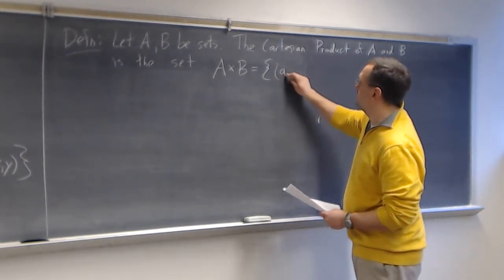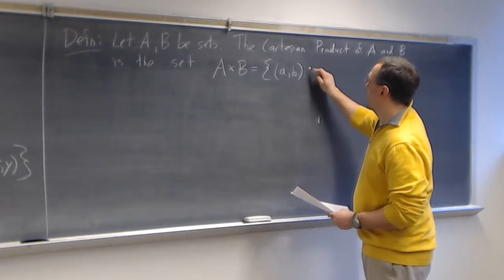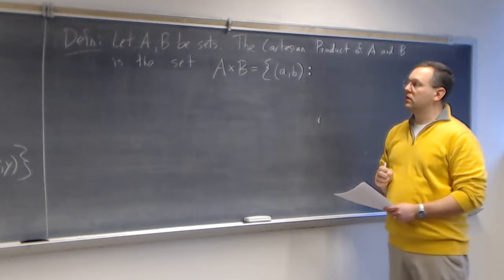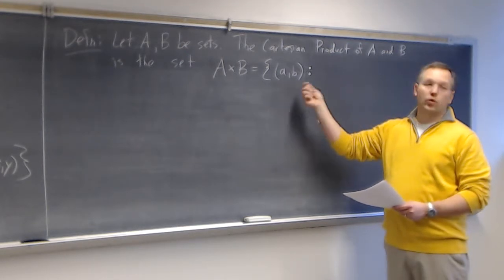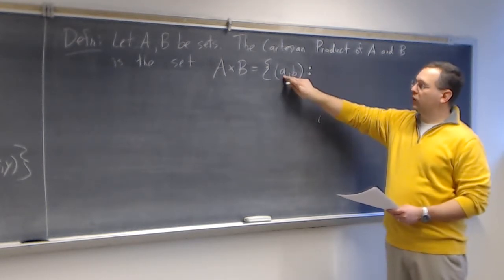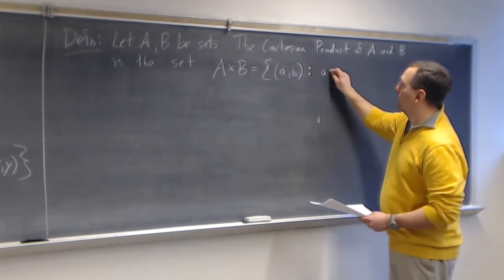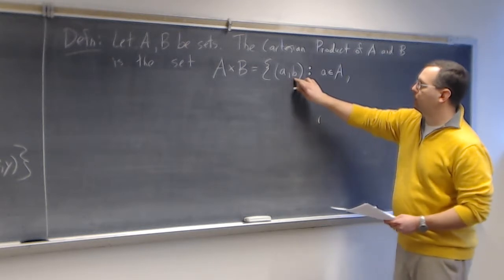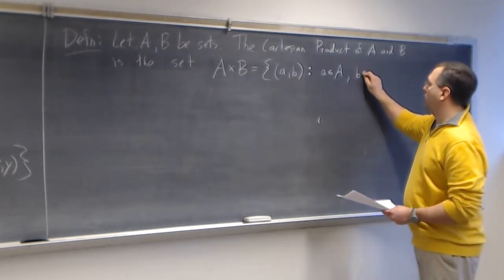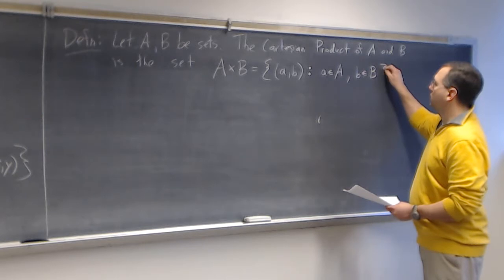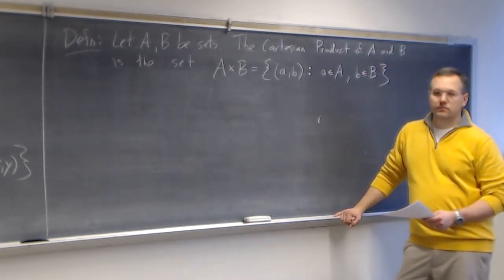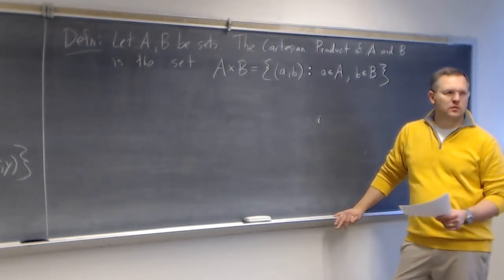They're ordered pairs. So there's the arbitrary object that's in this set. Everything in the set is an ordered pair, and the first coordinate a has to be an element of set A, and b, the second coordinate, has to be an element of set B. Okay. All right. Any questions about the definition so far?